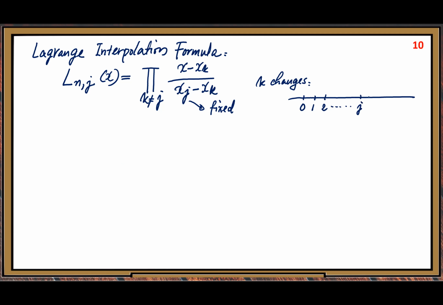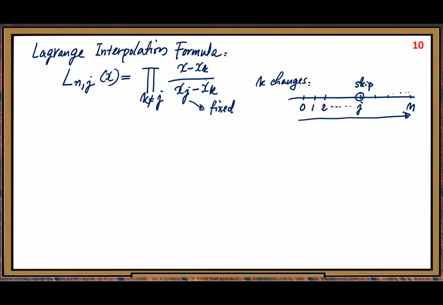When we reach j, k skips this j, then takes all the other points from 0 through n, just skipping that j.